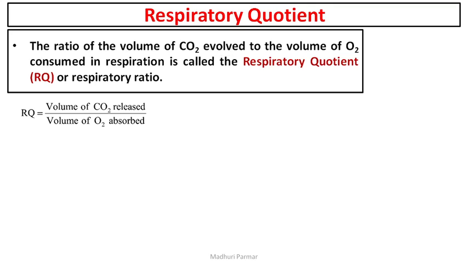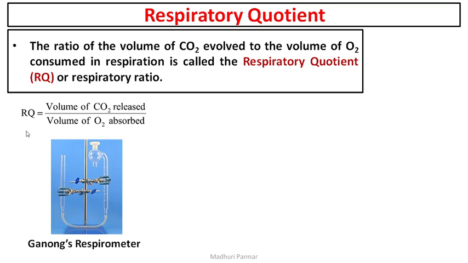So the volume of carbon dioxide released to the volume of oxygen consumed. Now in respiration, what are we doing? We are taking in oxygen and releasing carbon dioxide, right? So volume of carbon dioxide released divided by volume of oxygen absorbed is known as respiratory quotient or respiratory ratio. It is denoted by RQ.